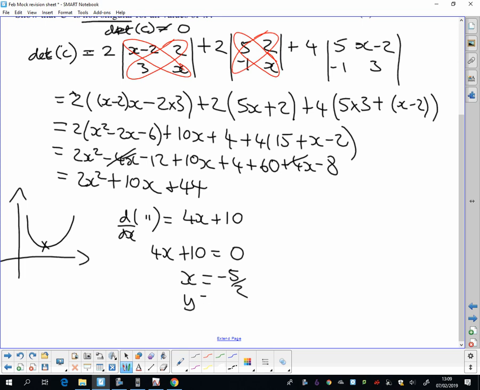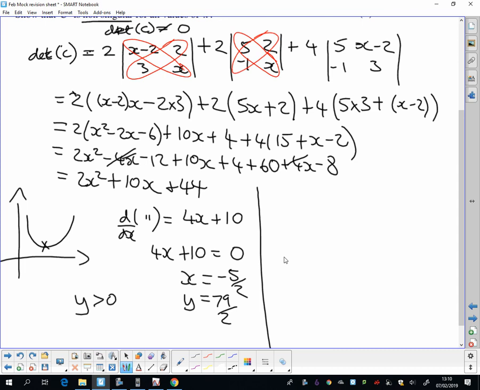Then I could find y by substituting that into our expression, and we should be able to get that y is 79 over 2, and then you can do an explanation about how that's the minimum point of the graph. So if you say y is our expression, then y is always greater than 0. Therefore, determinant is always greater than 0.